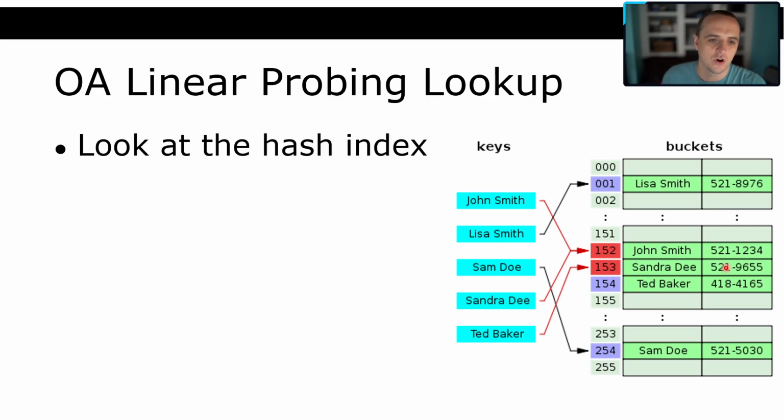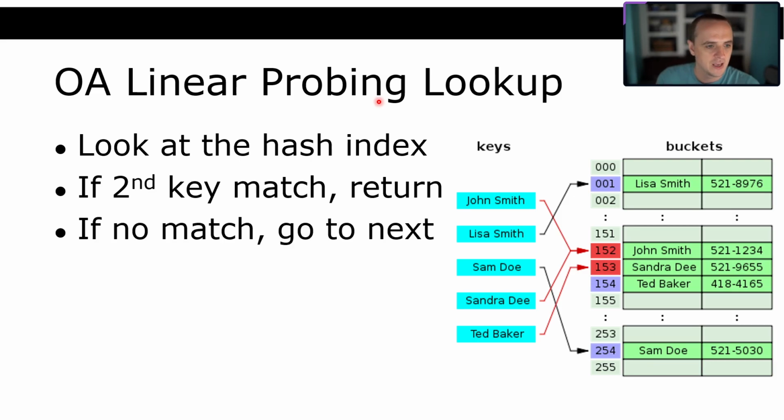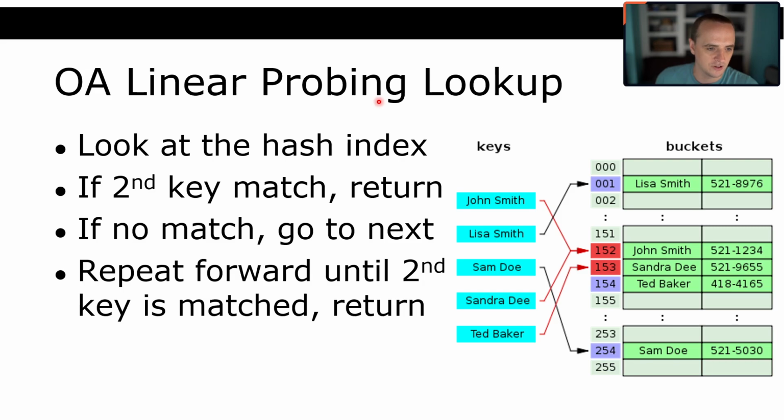All right. So how do we look stuff up there, right? Well, we're going to look at the hash index, and if the secondary keys match, then we know we found the value. If there is no match of the secondary keys, we go to the next value, and we repeat forward until the key is matched. So here, for example, we've stored a secondary key, which is the person's name. Typically, you'll have a secondary integer hashing value.